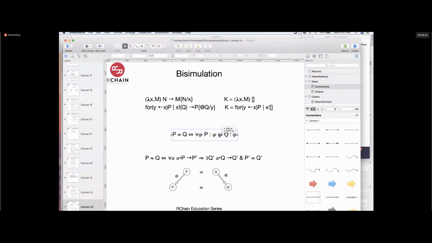So this turns out to be incredibly powerful. What it says is, if we reason in terms of our formulae, we are also reasoning in terms of bisimulation. And if we reason in terms of bisimulation, we are also reasoning in terms of our formulae.